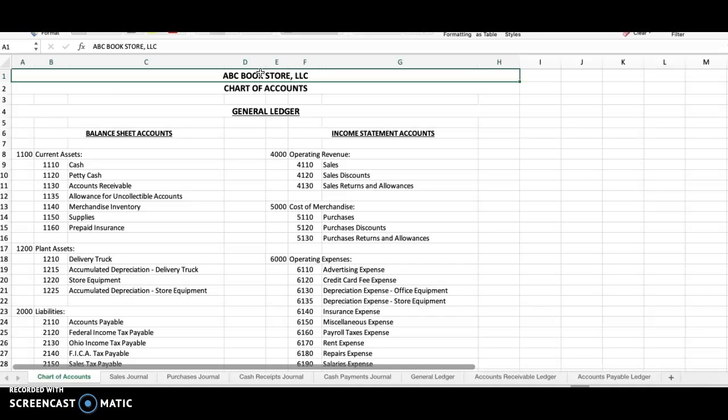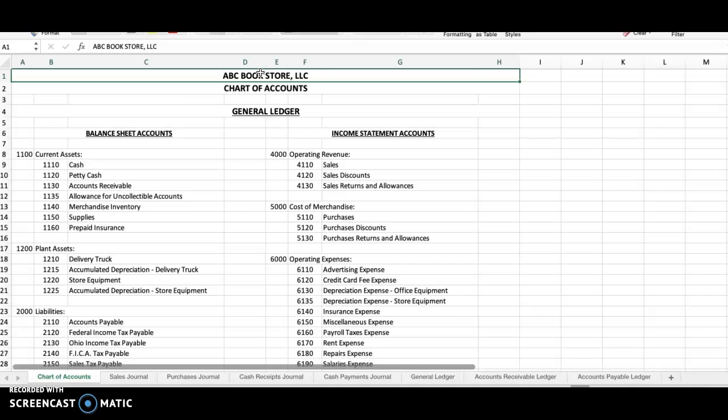Microsoft Incorporated, for example. Basically, that means that the stockholders, the owners of the business, are not liable personally for any debts of the business. So that if the business declares bankruptcy or is sued, the owners or the stockholders don't have to worry about creditors coming after their house or their car, that sort of thing.